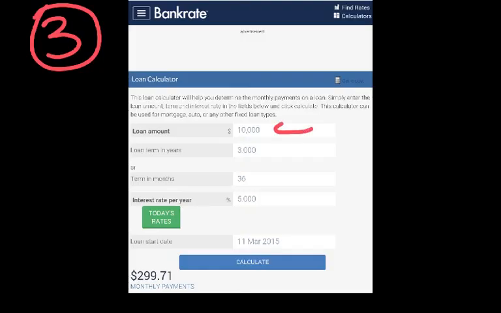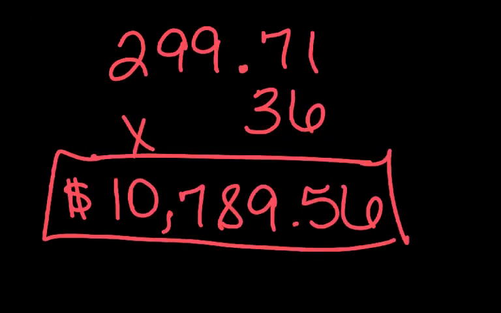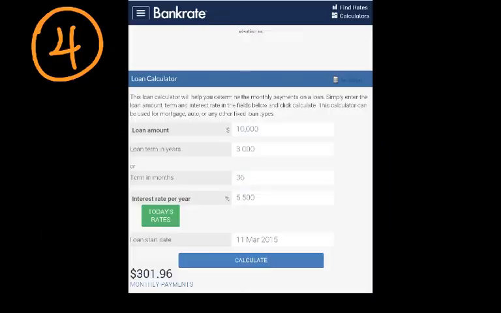Number 3 is the $10,000 loan with an interest rate of 5% for 3 years again, or 36 months. Hit calculate, and it gives you $299.71 a month. So we're going to end up paying $10,789.56 back, which means that much was in interest.